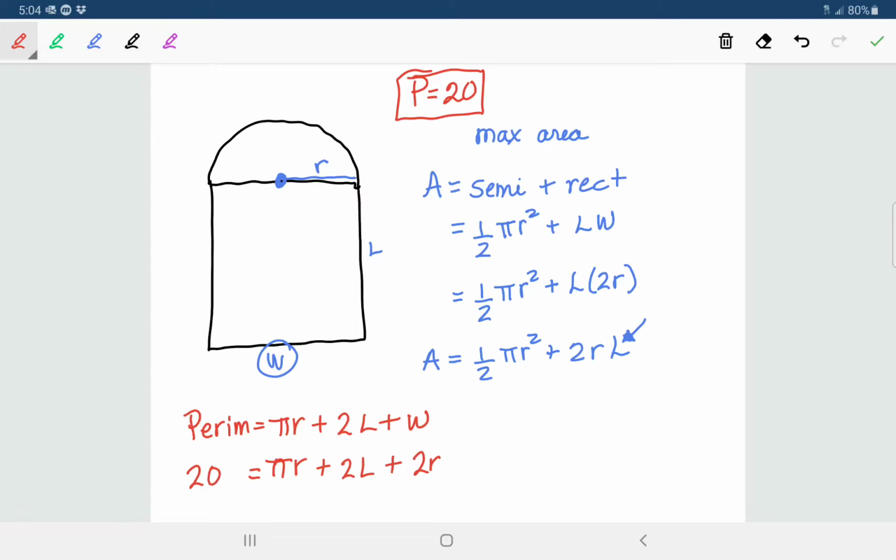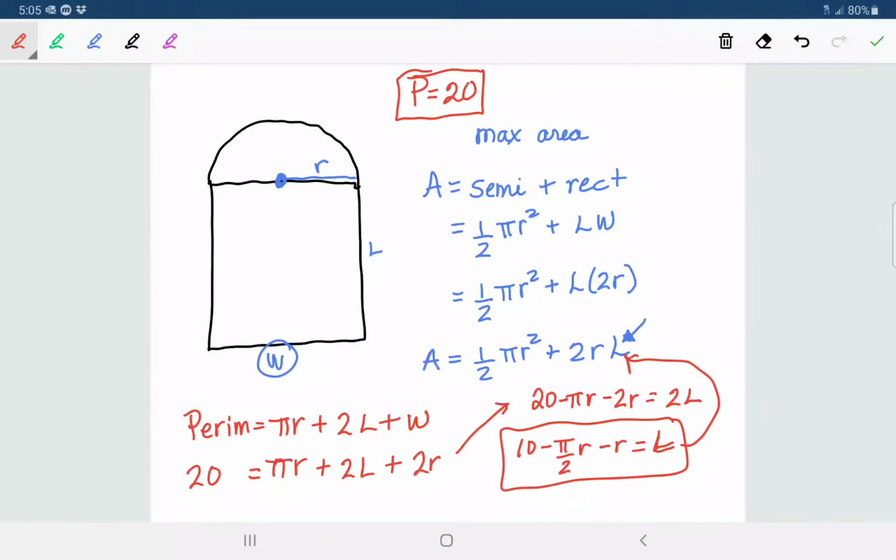Now let's solve for L. So 20 minus pi r minus 2r should be equal to 2 L's. Dividing through by 2, we get 10 minus pi over 2 r minus r is equal to L. So now this is what we're going to put into here.